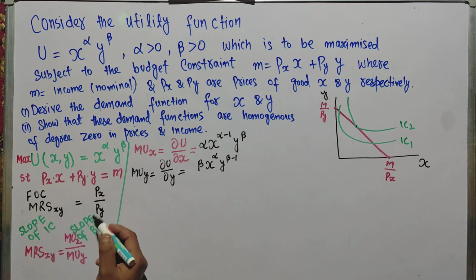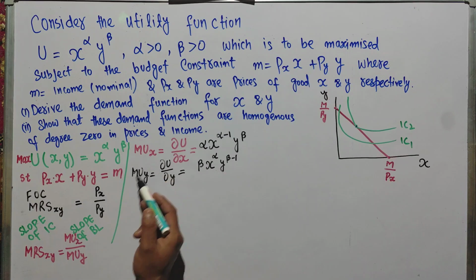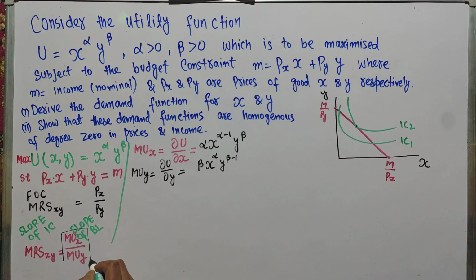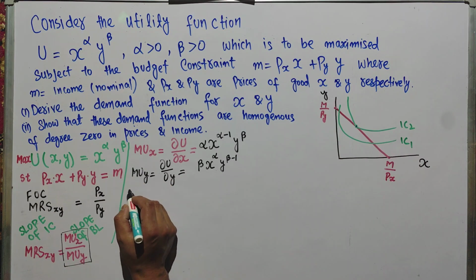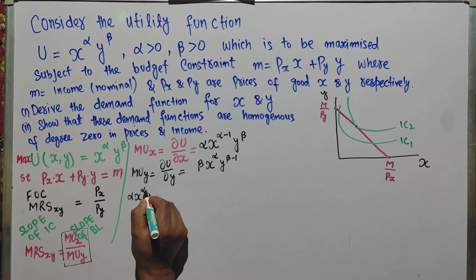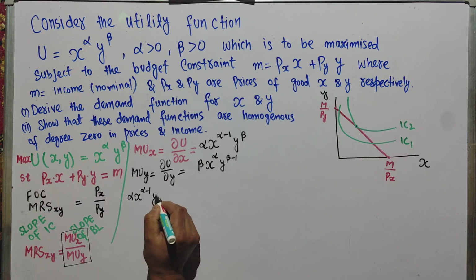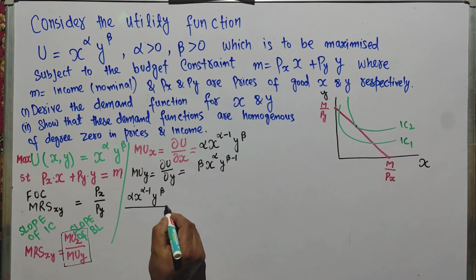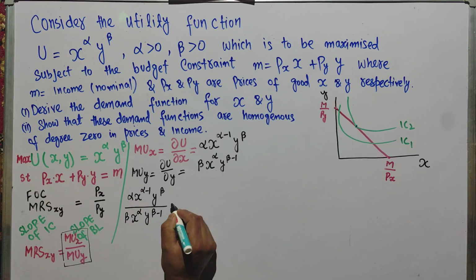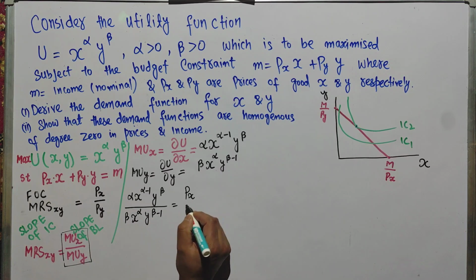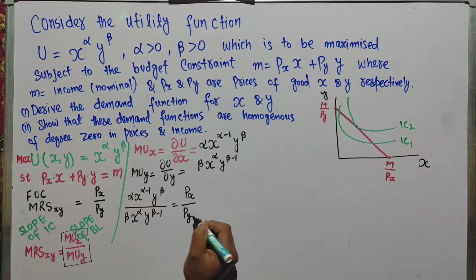So MRS is equal to marginal utility of good x upon marginal utility of good y, that we calculated. So can I write alpha x to the power alpha minus 1 y to the power beta, divided by, so this is MUx divided by MUy, beta x to the power alpha y to the power beta minus 1, and it should be equal to the ratio of the prices, that is price of x upon price of y.